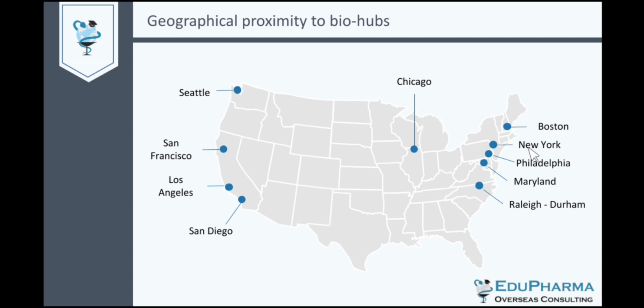Similarly, on the east coast, you will see cities like Boston, New York, Philadelphia, Maryland, Chicago is also there, where you have a lot of pharmaceutical industries, and this also helps during your study. So if you are, let's say, pursuing your master's program and you are eligible for an internship position, in that case you are able to also pursue an internship while doing your masters if you are living close to one of these areas.